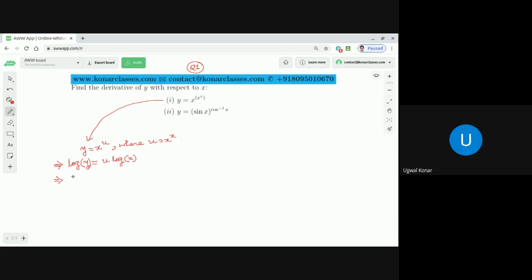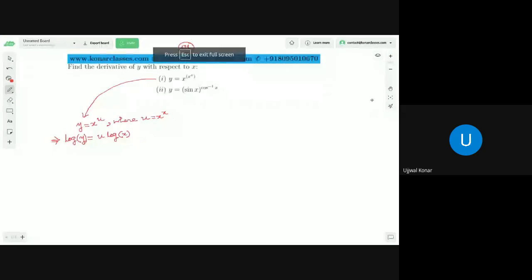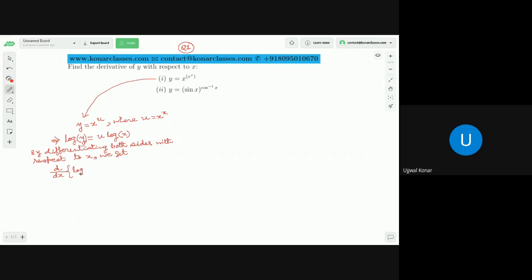So I can write something like this. By differentiating both sides with respect to x, we get d/dx of log y is equal to d/dx of u into log x.